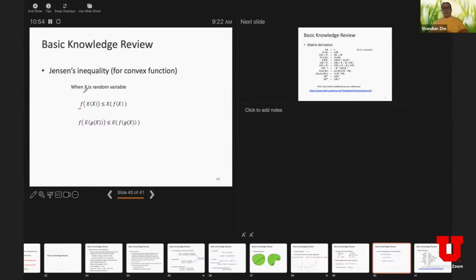Jensen's inequality tells us that if you take the expectation over x and then evaluate f at the expectation of x, it will be upper bounded by the expectation of f of x. So you can see that when you swap expectation and f, you have an inequality.